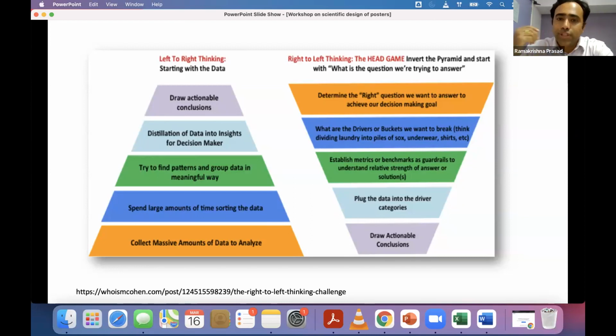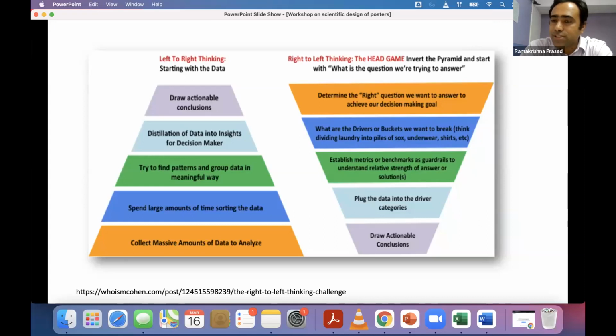So I want you to think about a poster or a paper. This applies to any form of scholarship where you distill, synthesize, and present your learnings as a story or a format of some form. So ask yourself, determine the right question we want to answer to achieve a certain goal.